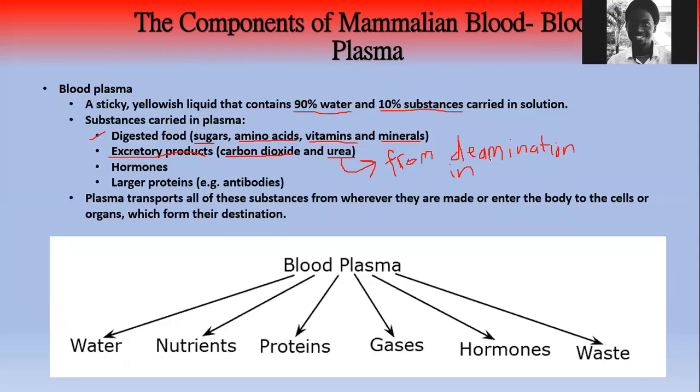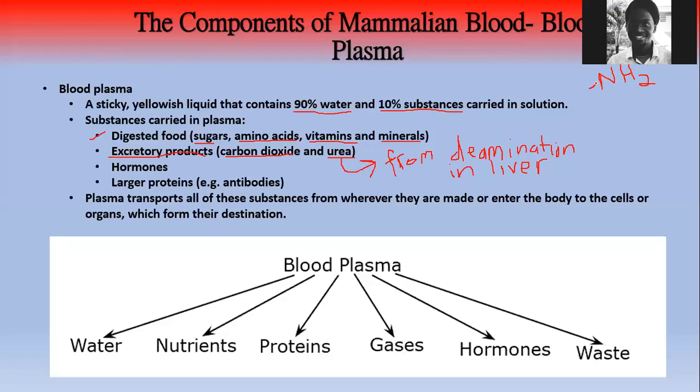Now, remember, our body cannot store proteins. So any excess protein in the diet or any excess amino acids in the diet would be taken to the liver for deamination, which is where the NH2 group of the amino acid, because the protein will be broken down to amino acids, is removed.